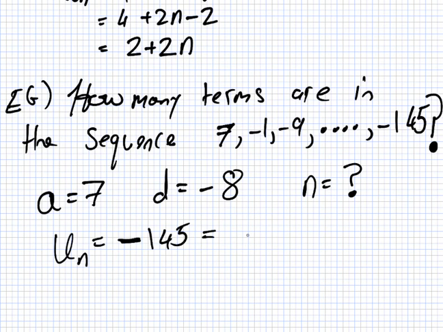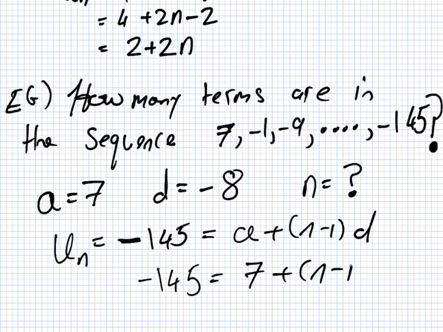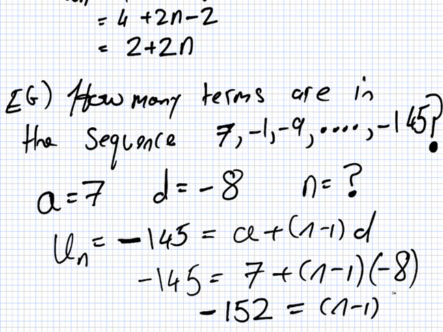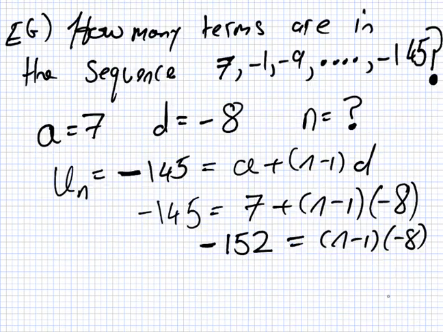And that should equal A plus n minus 1 times D. So we have minus 145 equals 7 plus n minus 1 times minus 8. So we have minus 152 equals n minus 1 times minus 8.